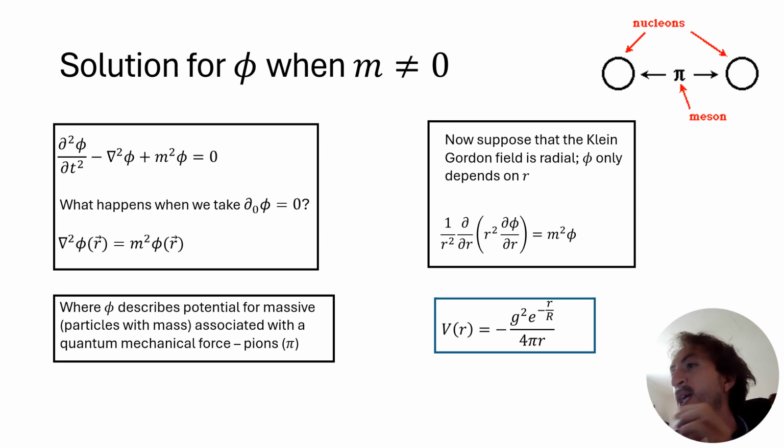Now the cool thing about this equation is that it describes a relationship between the mass of the pions and the size of a stable nucleus, showing that the Klein Gordon equation has very real, very important applications. Often the Klein Gordon equation is considered to be something of a failure. It's considered to have not succeeded. However, it does have some very useful applications.